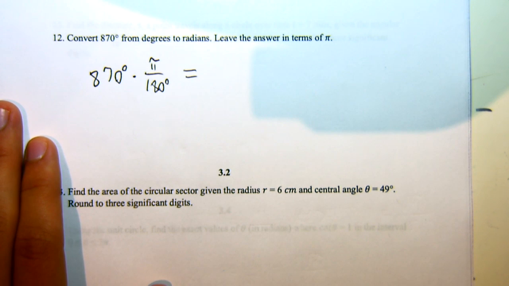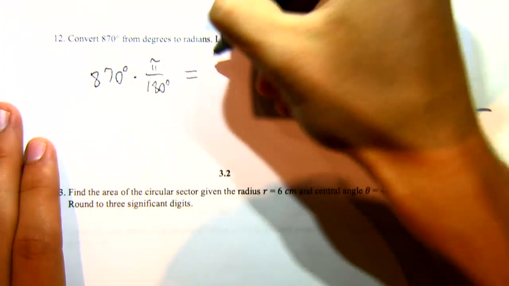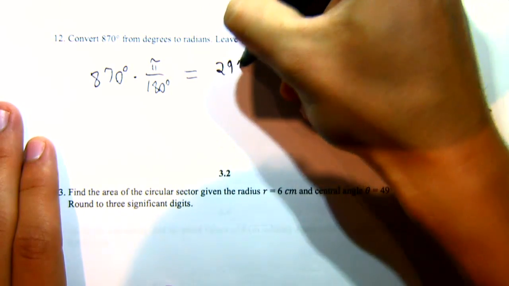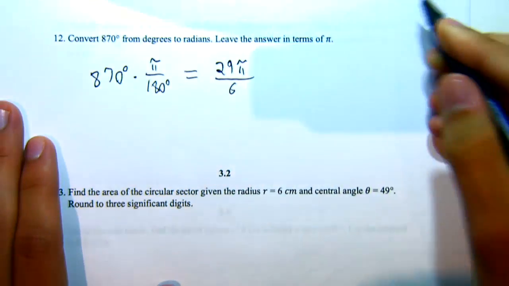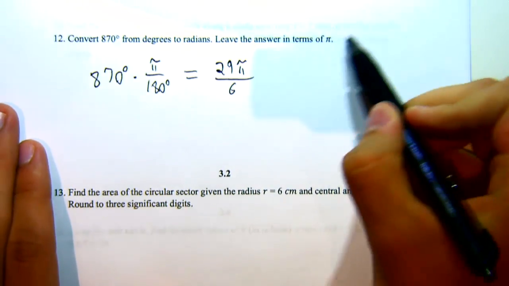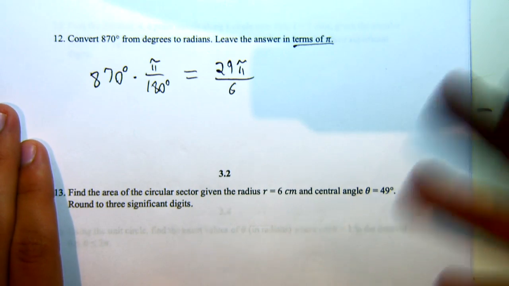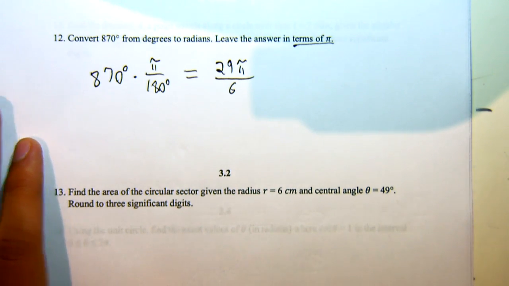Okay, good. What about in a fraction form? Alright, excellent. So we get 29 pi over 6. Since the answer did ask us to leave it in terms of pi, you would want to take note of that and not put it as a decimal when you are typing it in the exam.